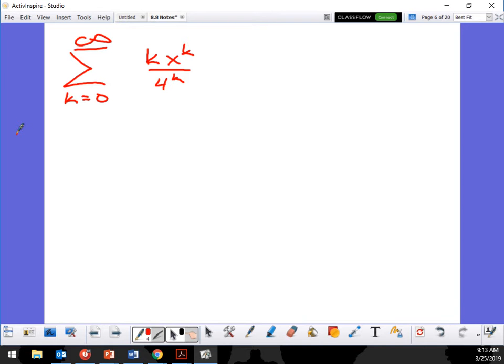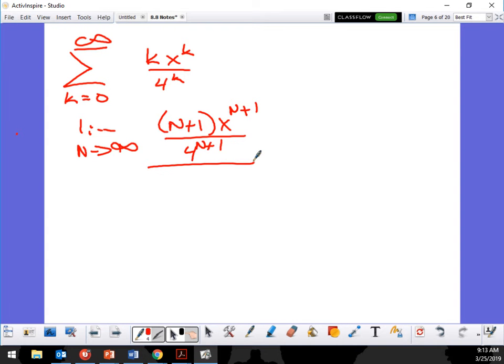So if I do the ratio test again, I'm going to have the limit as n goes to infinity of n plus 1 times x to the n plus 1 over 4 to the n plus 1, all over n x to the n over 4 to the n.